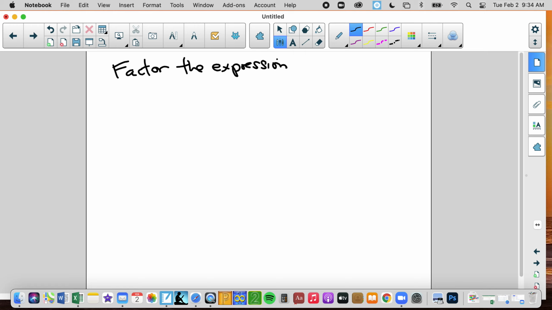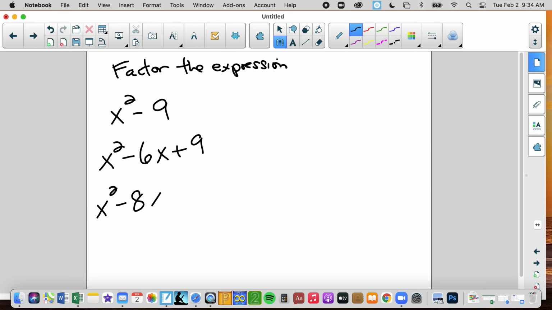So you can get an example that looks like this. You could get an example that looks like this. You could get an example that looks like this.